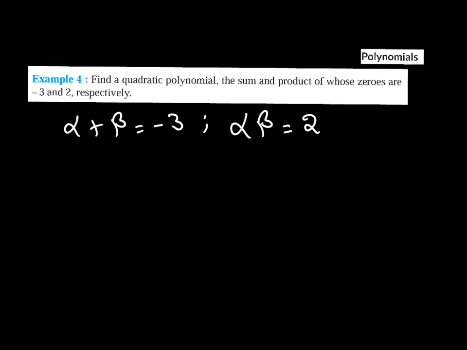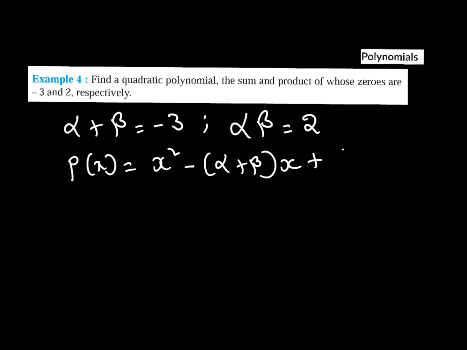Now remember, if we know the sum of the zeros and the product of the zeros, the polynomial general form is going to be x squared minus (alpha plus beta), the sum of the zeros, times x plus the product of the zeros.